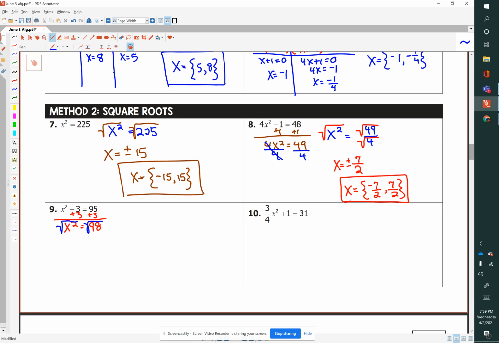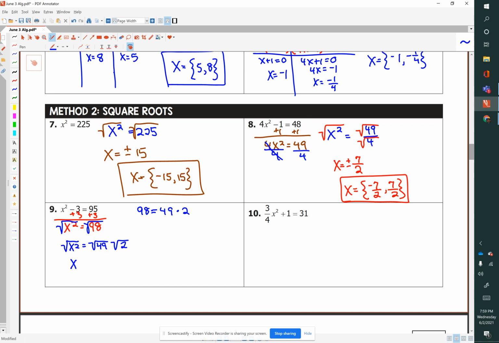Of course, the left side is easy, but we need to think of 98 as a multiple of a perfect square and something else. So let's think of 98 as 49, which is a perfect square, times 2. So let's still have the square root of x squared at this point equals the square root of 49 times the square root of 2.